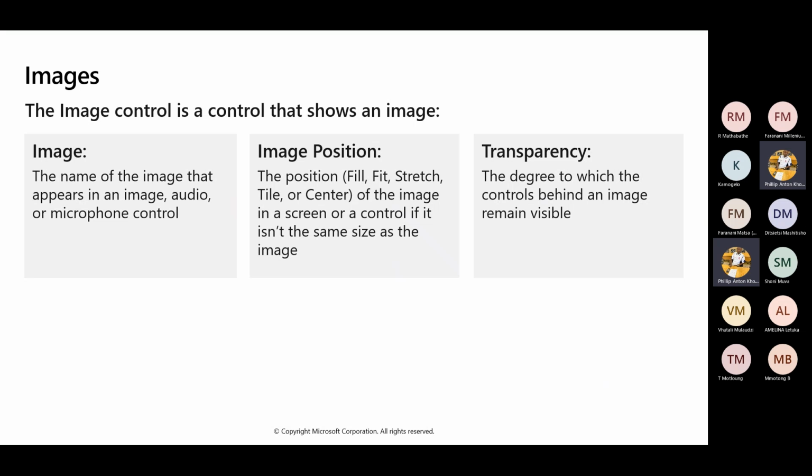Adding an image such as a company logo is an easy way to enhance the overall look and feel of your app. And on each screen, you can apply a background image as well as multiple image controls. You are not limited to a certain number of images that you can display. So you can have as many images as you would like.